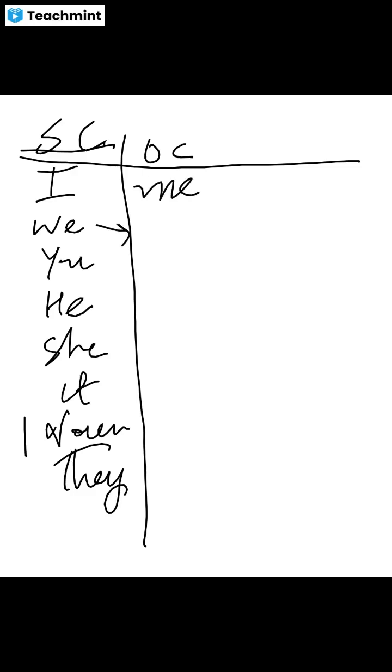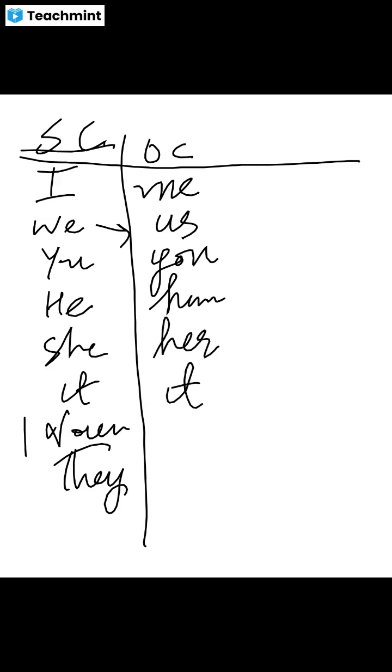Similarly, of we, it is us. You, it's you again. He, it is him. She, her. It is it again. Noun is noun, it's the same. And they, it's them.